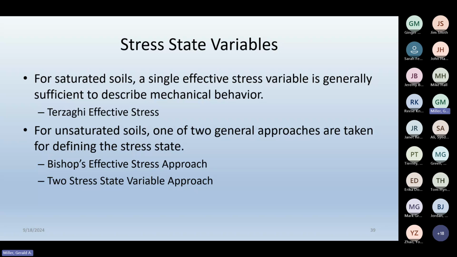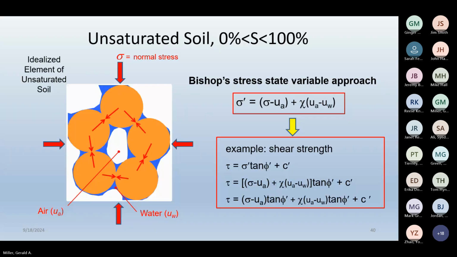There's actually many, many different equations that have been proposed to describe effective stress. Often they boil down into these two: I call it Bishop's effective stress approach, which would incorporate a large number of the models that are out there, and then the two stress state variable approach. And so I'm just going to briefly explain each of these approaches.